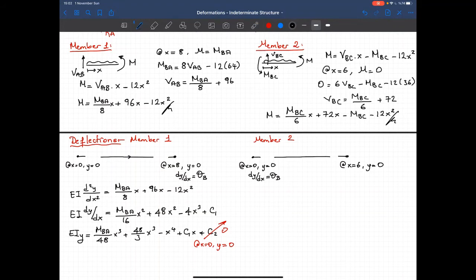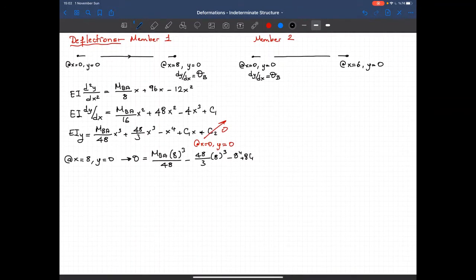So at x equal to 8, y is equal to 0, this tells me that 0 is equal to MBA (8 to the power 3) divided by 48 minus 48 over 3, 8 to the power 3 minus 8 to the power 4 plus 8C1.